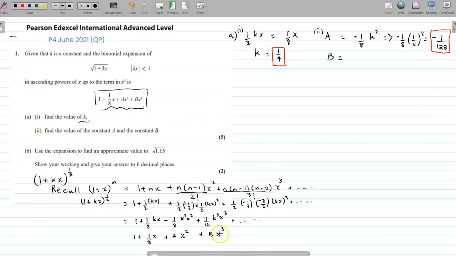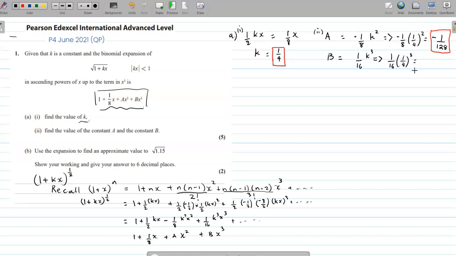Now let's work out b. The x cubed would cancel out, so b is equal to 1/16 k cubed. So I would have 1/16 times (1/4) cubed.